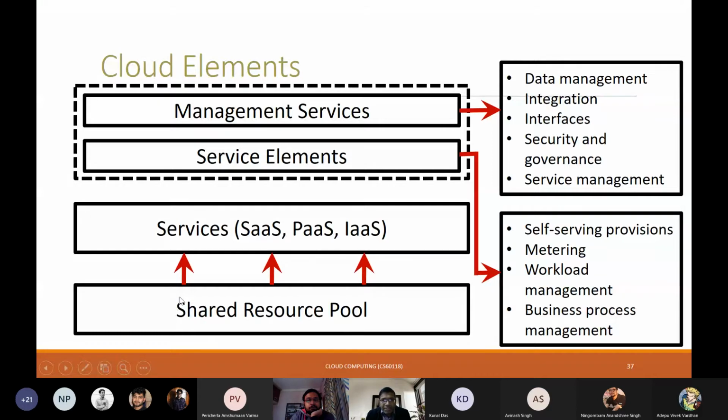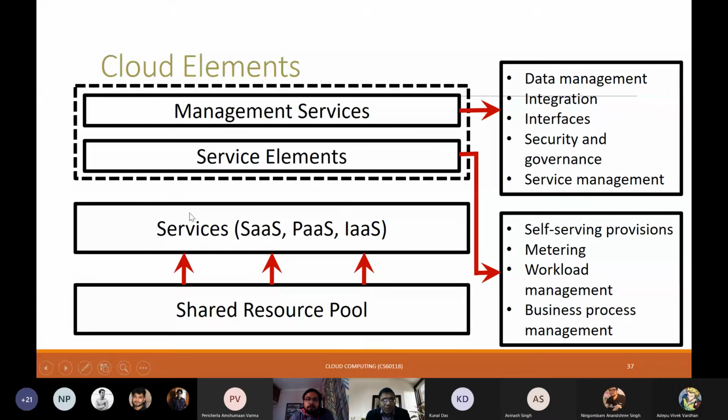These resources could be anything that you want to share and offer as computational services to the different tenants, through this multi-tenancy model. These resources are offered to the tenants in the form of different types of services.